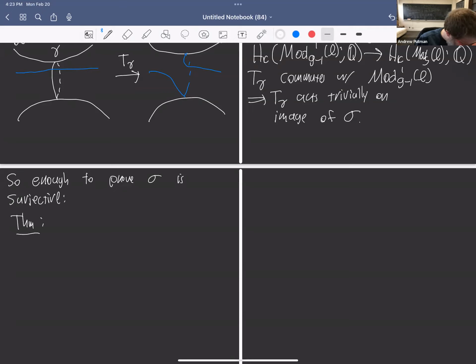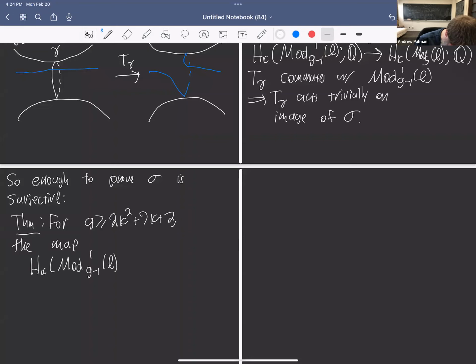So for G greater than or equal to 2K squared plus 7K plus 2, the map from H_K of Mod G minus 1, 1 of L with Q coefficients to H_K of Mod G of L with Q coefficients is surjective.